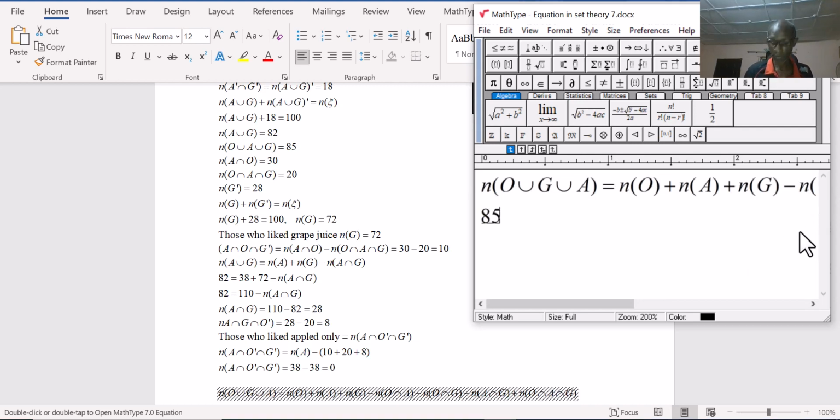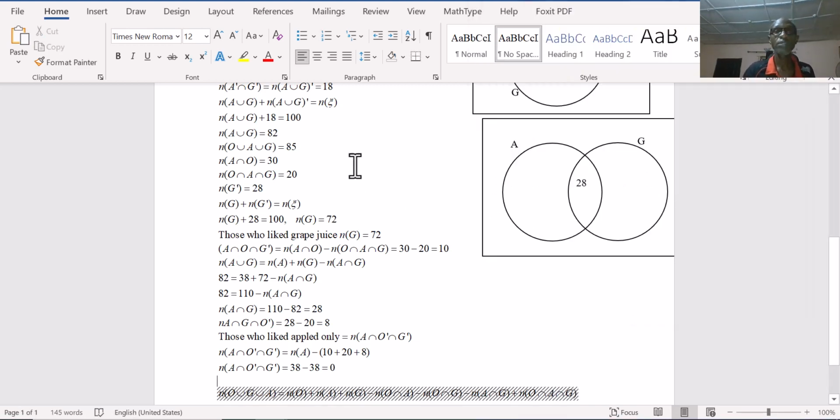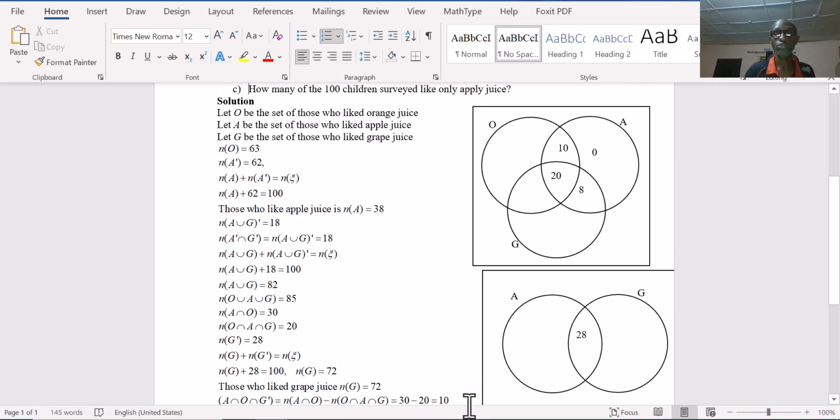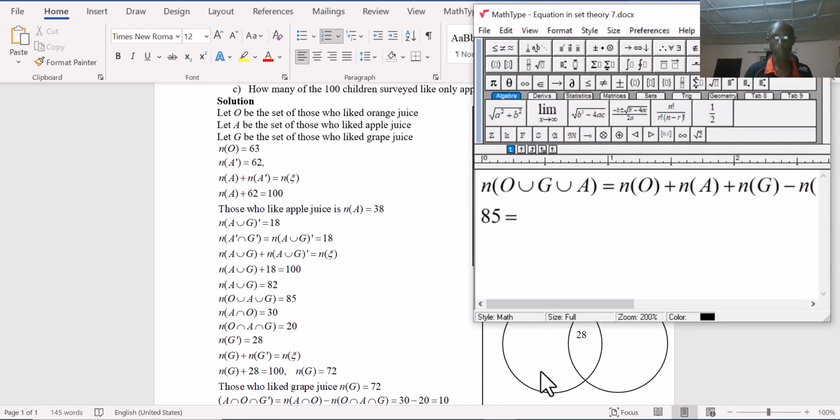Those who like orange, we are given already, is 63. That's our NO. Our NA is 38. Our NG is 72. We are through with that.